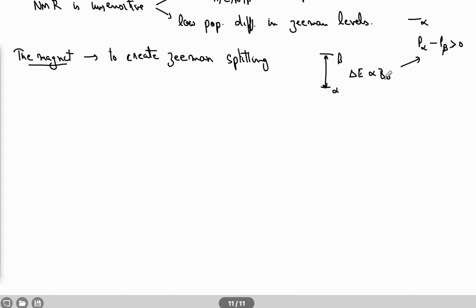Now, in addition to a large magnetic field, which is required for a good sensitive NMR spectrometer, we also need B0 to be homogeneous. So what do we mean when we say homogeneous? That the strength of B0 should be consistent, the same, all across the volume of the sample.